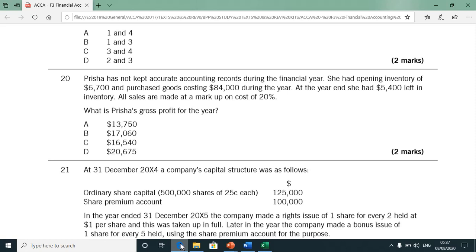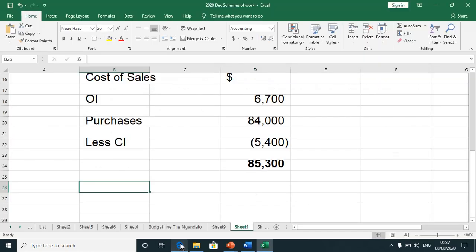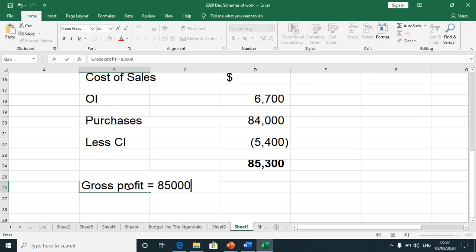All sales are made at a markup on cost of 20%. So markup means profit is deduced on cost. So gross profit will be equal in this case to the same 85.3 multiplied by 20%.